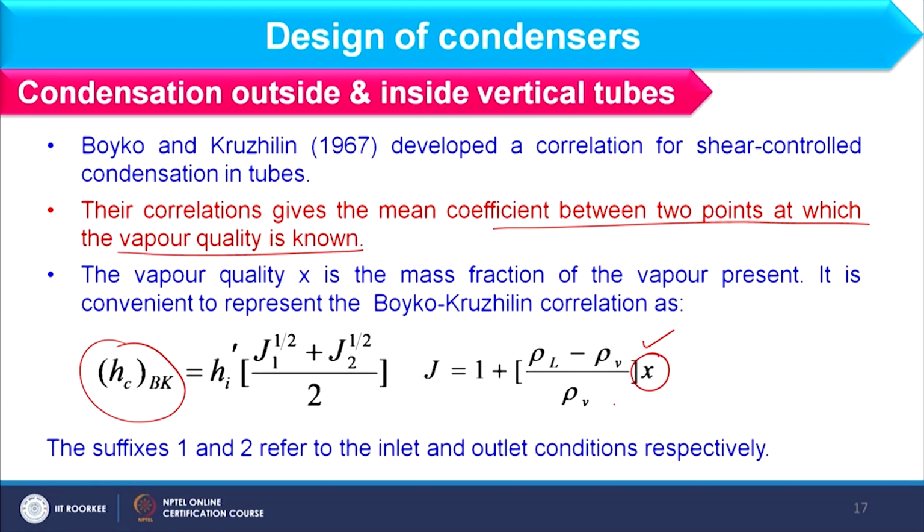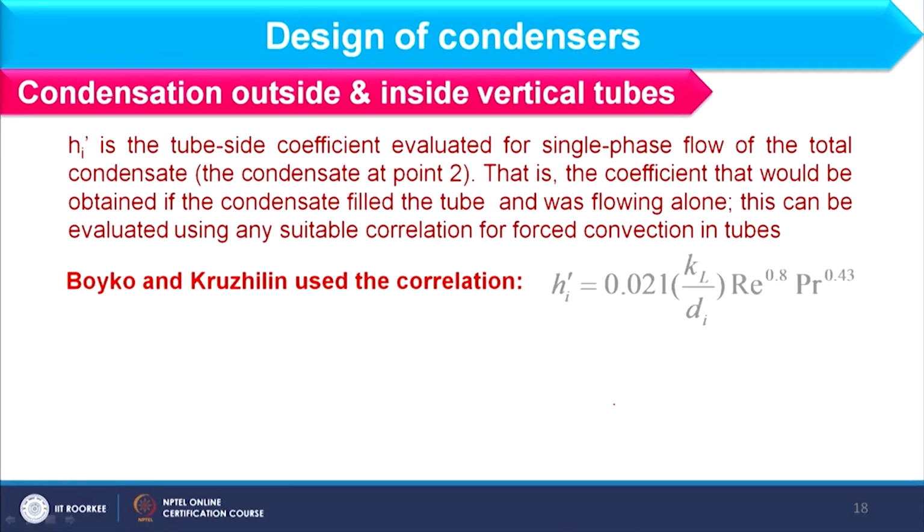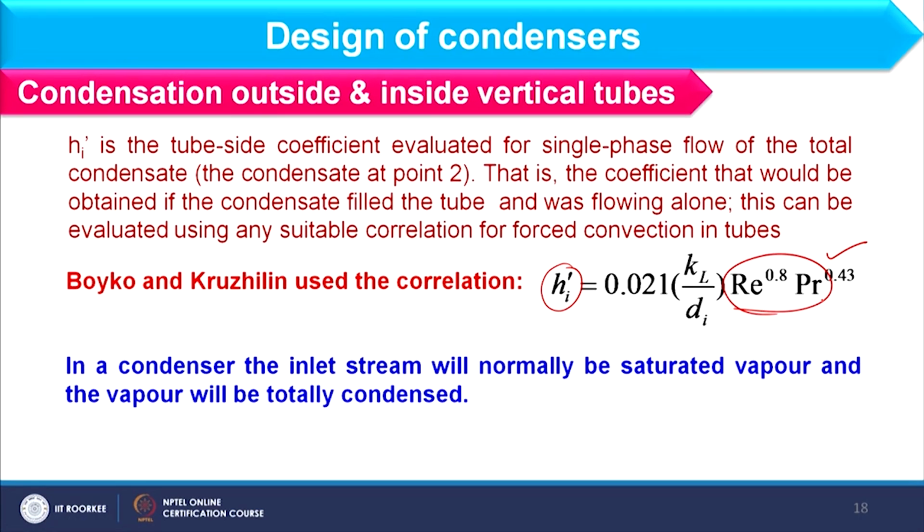Now, what is h_i dash? h_i dash is basically the heat transfer coefficient for a single phase of condensate, right, where I consider that only condensate is moving inside the tubes. For that case Boyko-Kruzhilin considered the expression of the usual heat transfer coefficient, which you have also seen in sensible heat transfer, and this expression is a function of Reynolds number and Prandtl number.